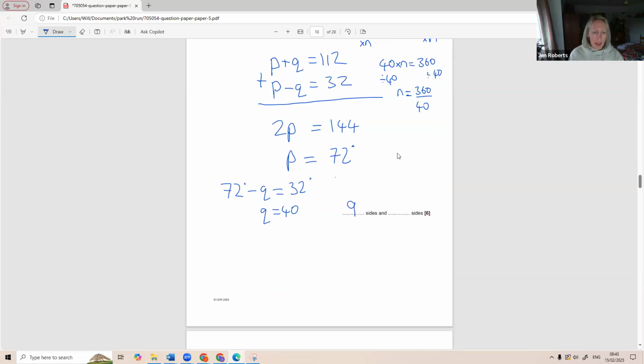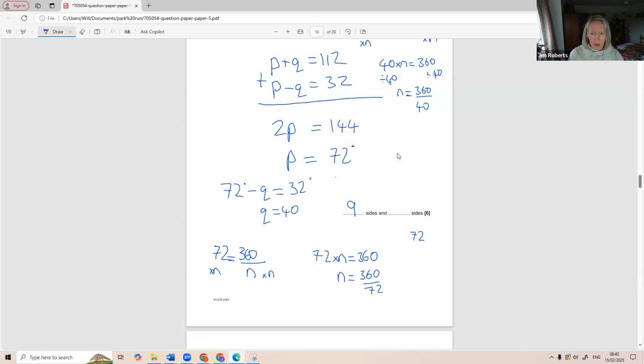The next one, let's just put it in the same formula. 72. Oh, it's not as obvious, this one. Times both sides by n. Divide both sides by 72. Okay, I think I'm just going to go up my 72 times table till I get to 360.